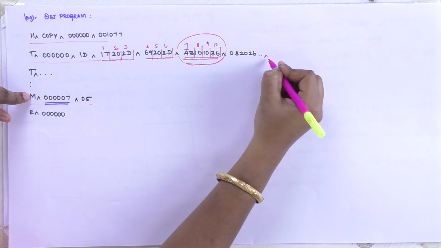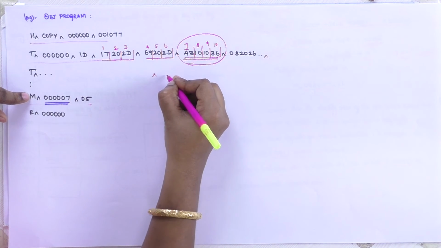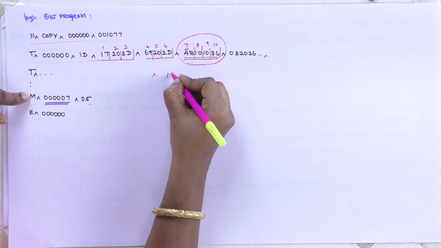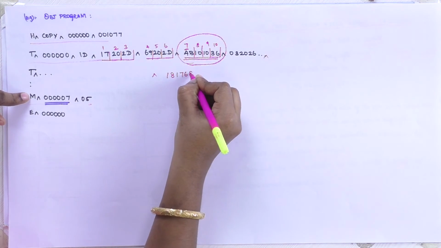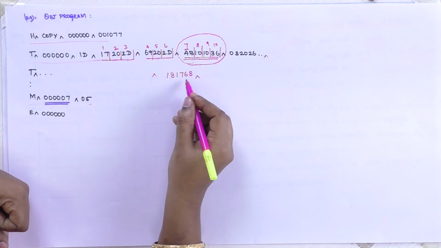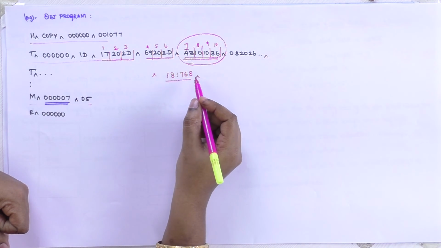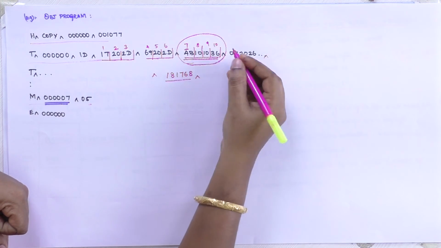See, consider, for example, if there is another object code like this, 1817668. Now how to write the modification record for this object code depending upon the object program?